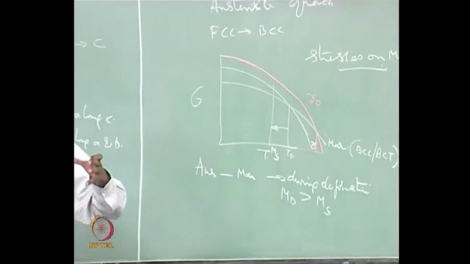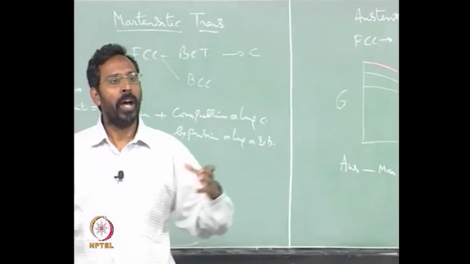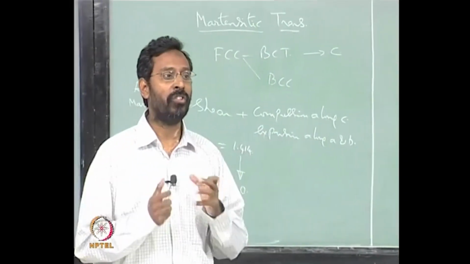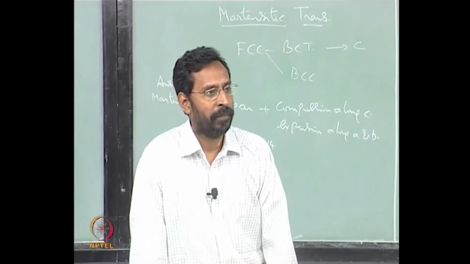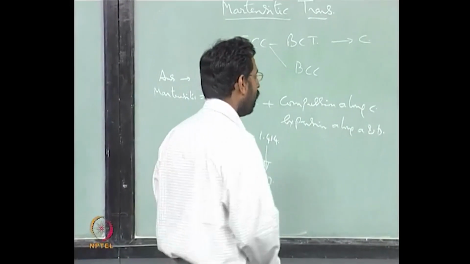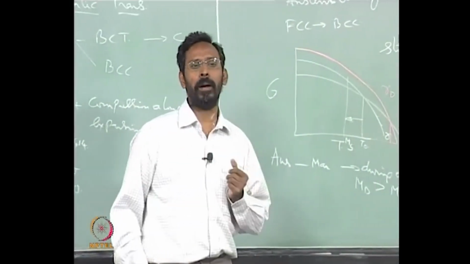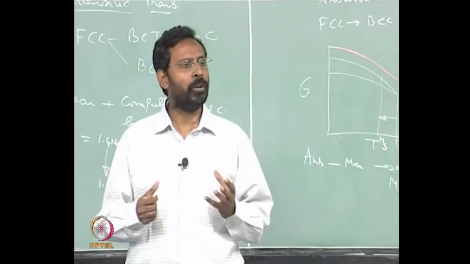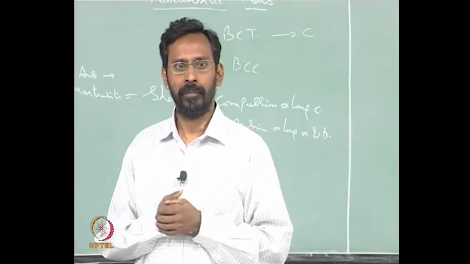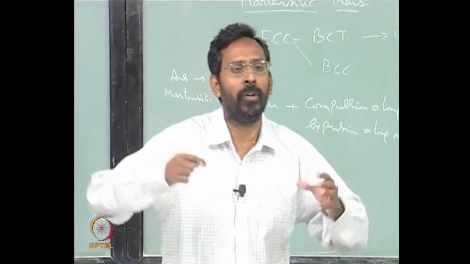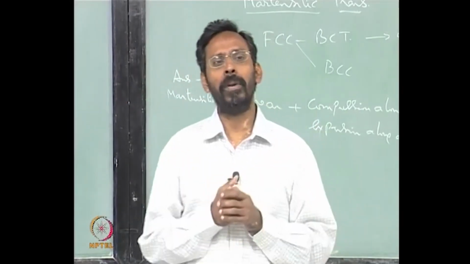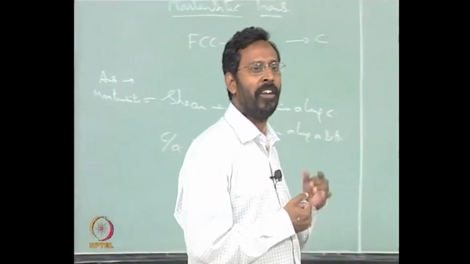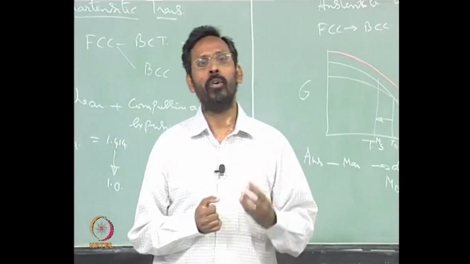If I subject austenite to isostatic compression, then the situation is different. If you subject any material to compression, that means you are trying to reduce the volume. Whenever you are compressing it, the phase that is always stable is the phase that occupies less volume.